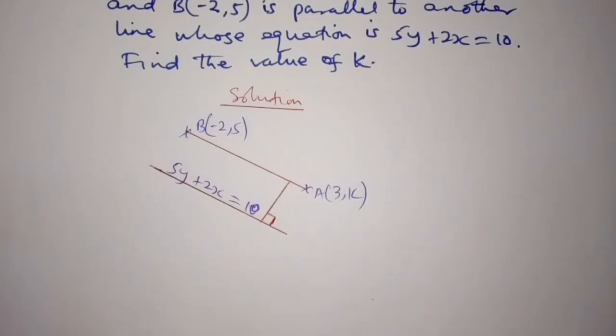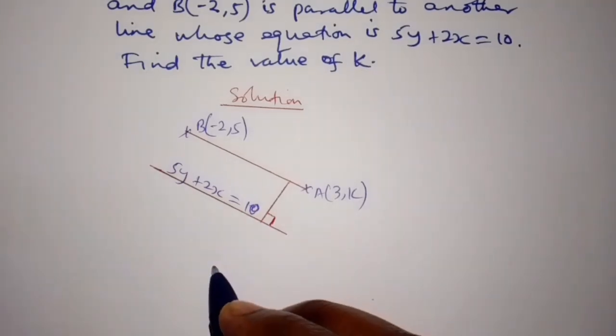In solving this problem, we are going to use some facts. The first one is that parallel lines have equal gradients.